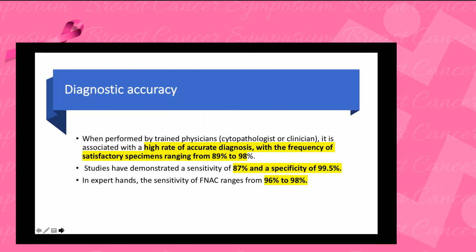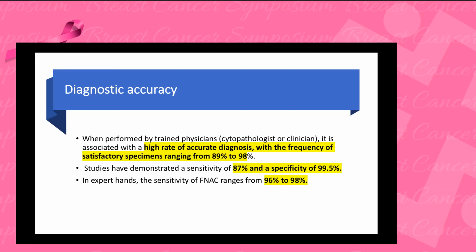Now, let's look at the diagnostic accuracy of your FNA or cytology. When performed by trained physicians, cytopathologists or trained clinicians, it has a very good accurate diagnosis, with accuracy ranging from 89 to 98%. A lot of studies have demonstrated that sensitivity is variable, varying from 87% to a specificity of 99.5%.